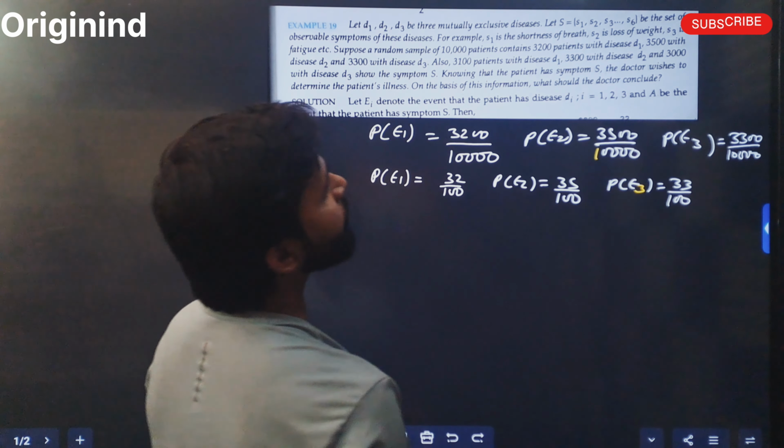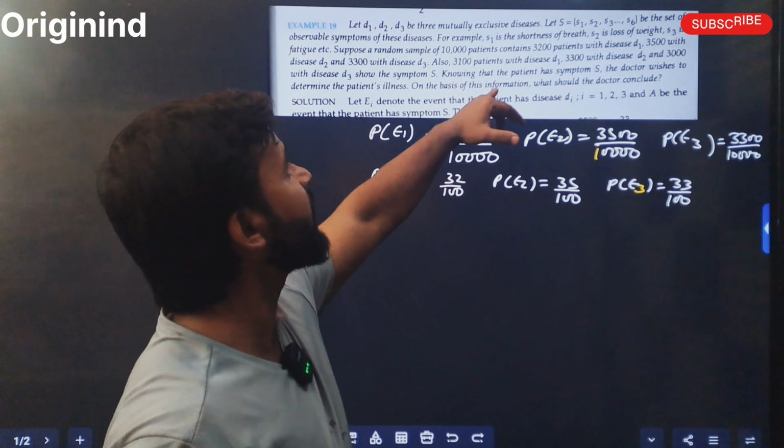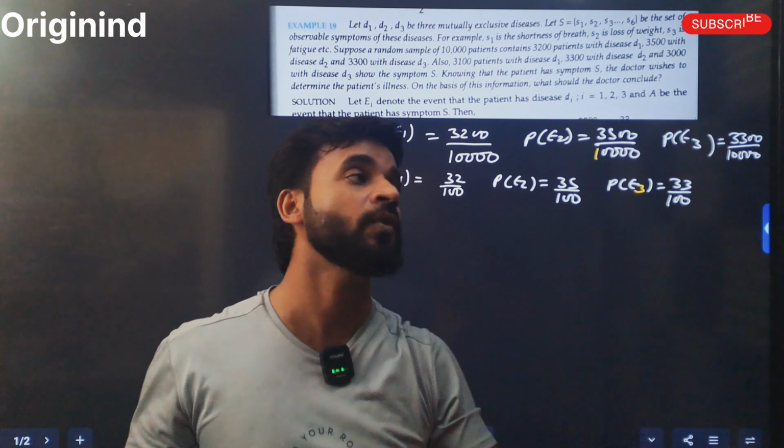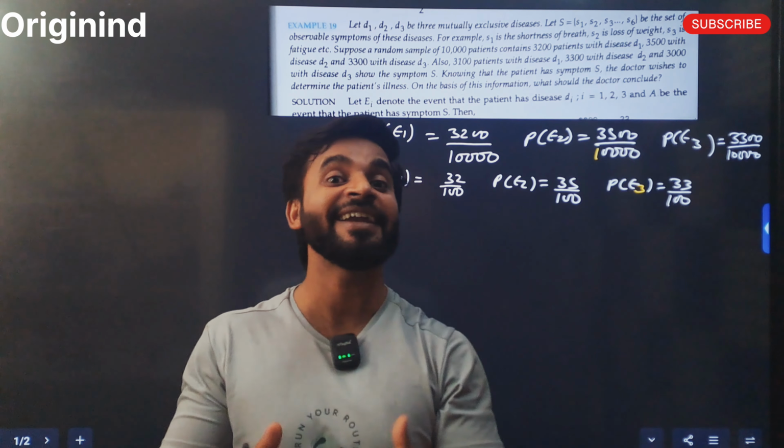Now students are very confused: sir, if these are events E1, E2, E3 for D1, D2, D3, then why are we giving again 3,200 patients for D1, of which 3,100 patients of D1 actually have the symptoms? Actual means intersection.